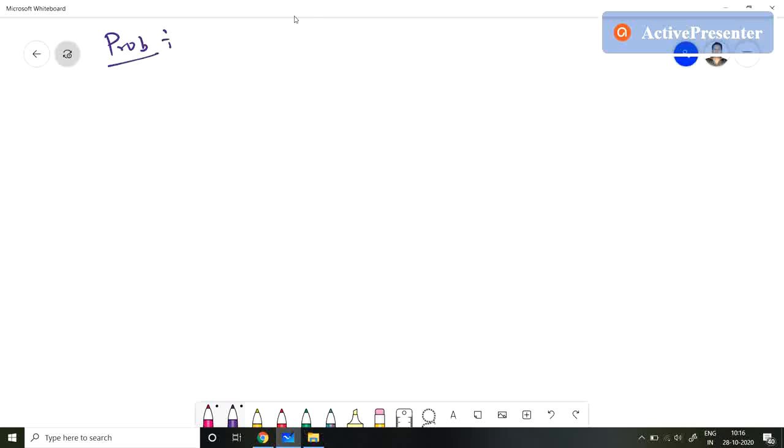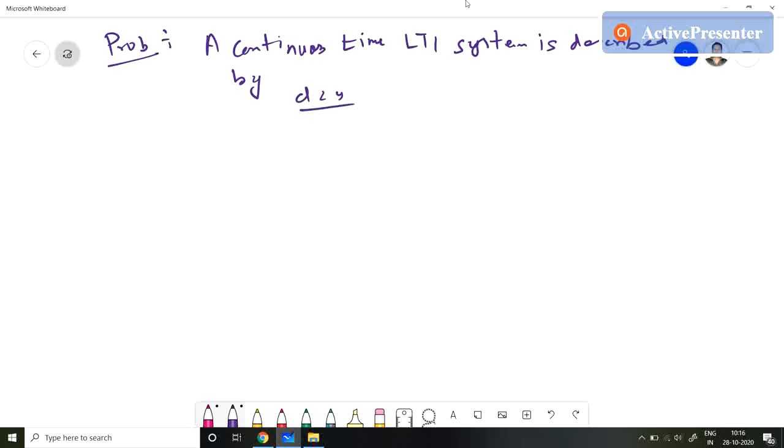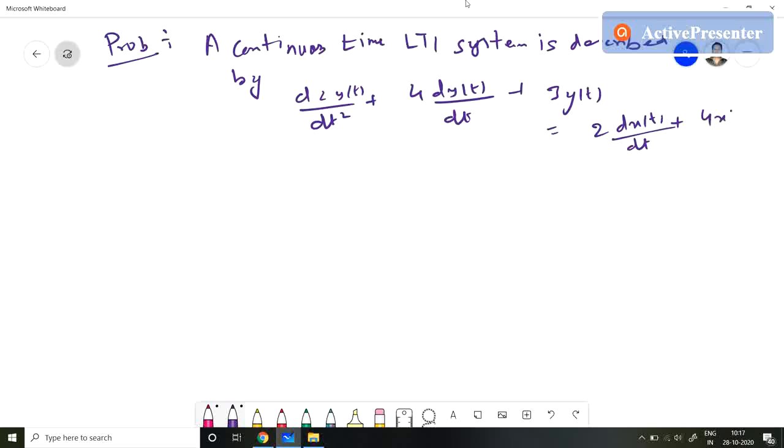The problem is, a continuous time LTI system is described by d square y divided by dt square plus 4 dy(t) divided by dt plus 3y(t) is equal to 2 dx(t) divided by dt plus 4 into x(t).